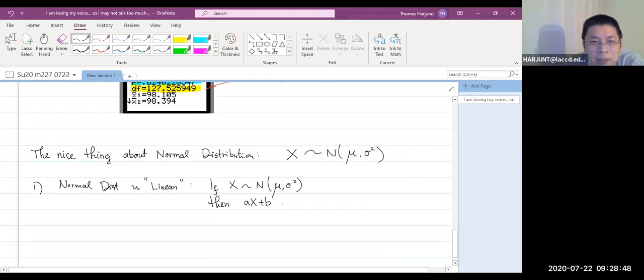Then this has a normal distribution with mean A mu plus B and variance A squared sigma squared.